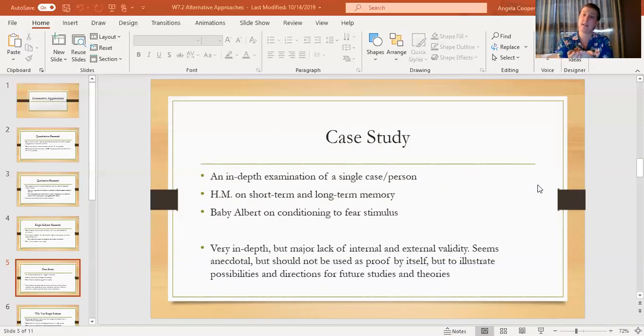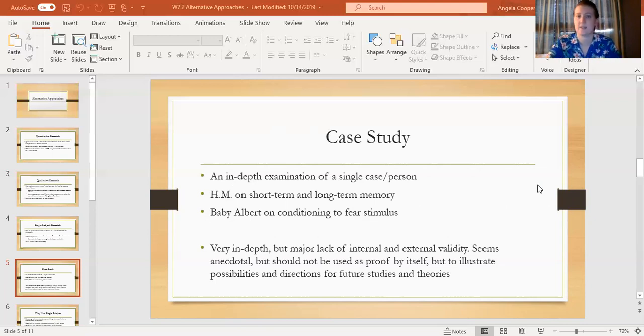Every time he would see it, there would be a loud banging right behind this little kid's head. And when I say baby, I do mean baby. He was an infant. So he was being conditioned to fear this small white rat, and eventually that branched out to other small animals, like small bunnies, just small rat-sized creatures that he was afraid of.